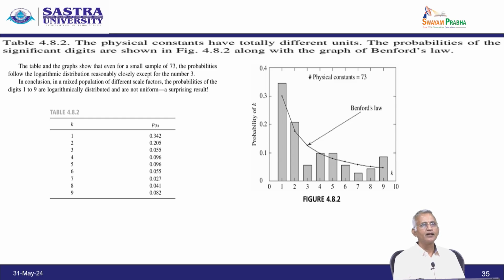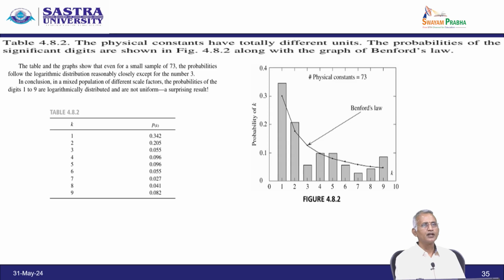The table and graph show the event for a sample of 73, and the probabilities follow the logarithmic distribution. See, the logarithm function is generated beautifully decreasing, and reasonably closely, except for the number 3.